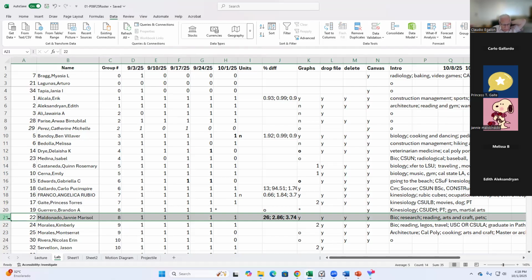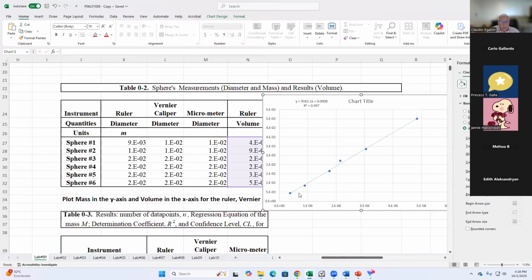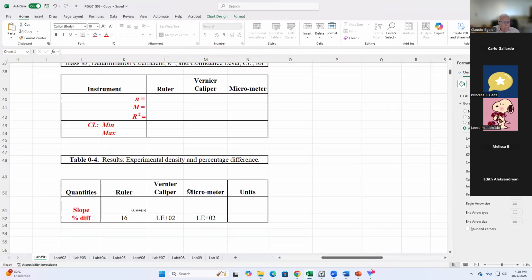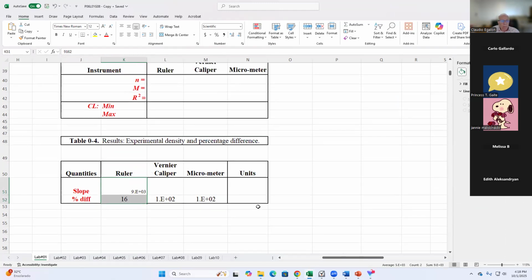I think I plotted it wrong, I got some of the wrong numbers. So now I fixed it and it looks better. Your group number 8, I think I plotted the graph right. We're getting 16%, right? I got 12.78.